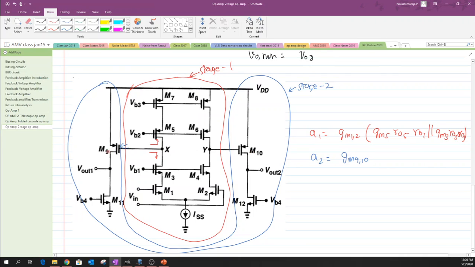So, we are feeding the outputs to the gate of M9 as well as the gate of M10, due to which we have the gm created by these structures. Okay. Yeah. So, after that we have to look for the output impedance by looking across the drains of M9 and M11, and due to which one could write it as Ro9,10 in parallel with Ro11,12. Okay. And the total gain is just the product of both.